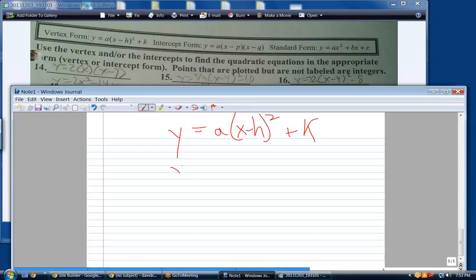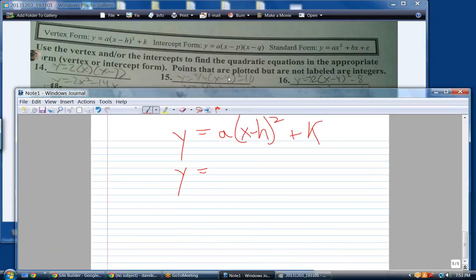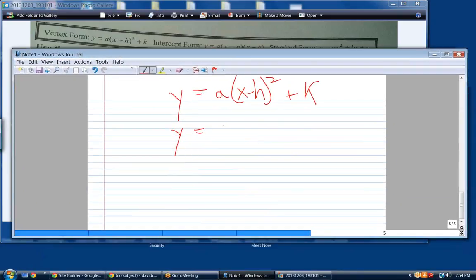They give us the vertex, so what is it? 4 and minus 10. So what can I write? y equals a, and then x minus 4 squared minus 10. Oh yeah, I forgot the square.